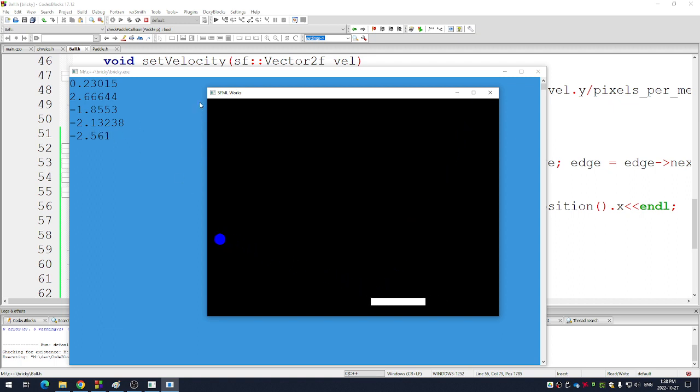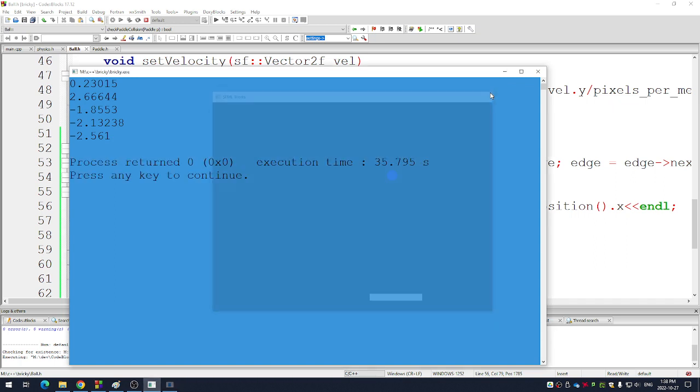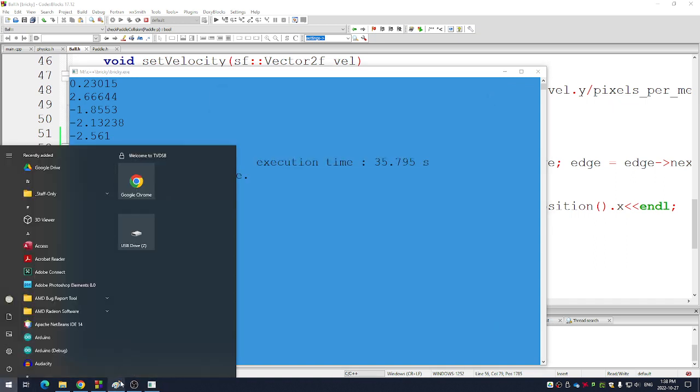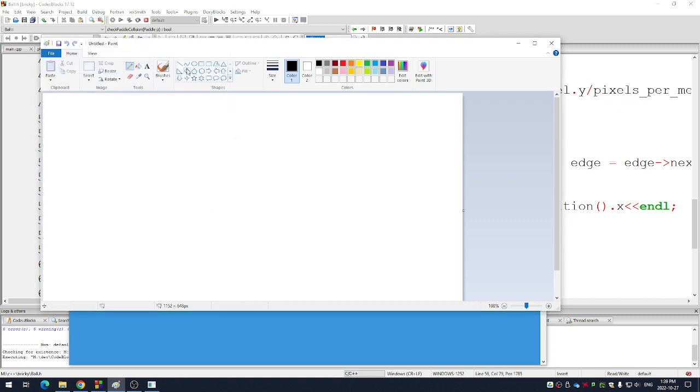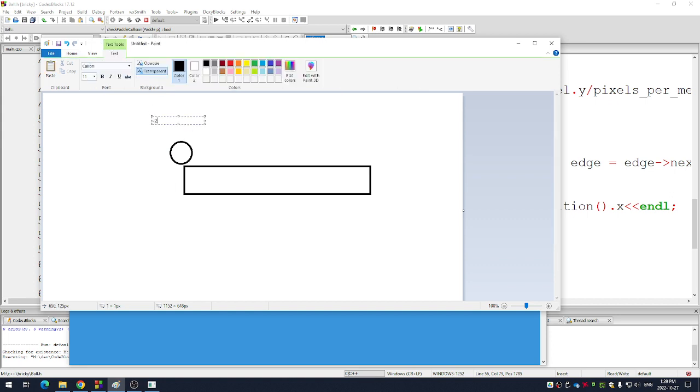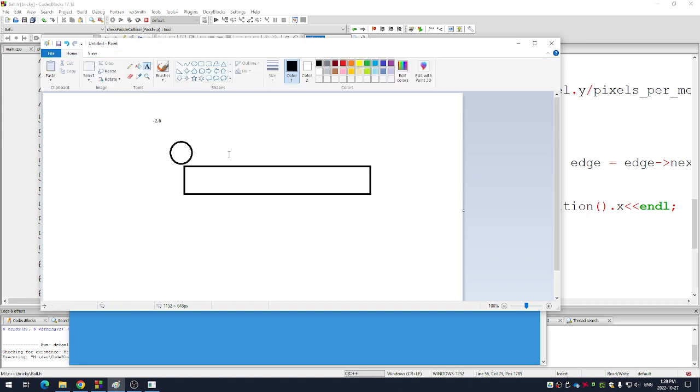Okay, so from that approximation, if I look in Paint, right? I draw a little square. This is my paddle. Okay. If my ball is here, it's got a position of minus 2.6, give or take.